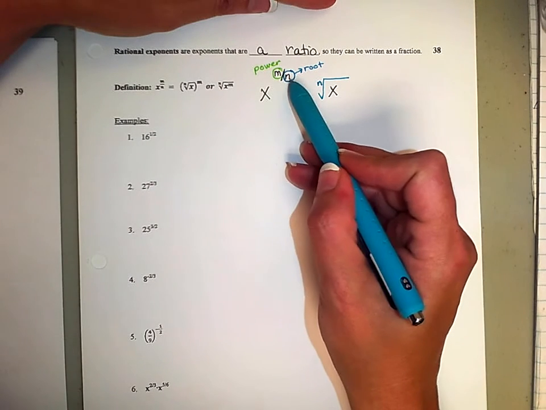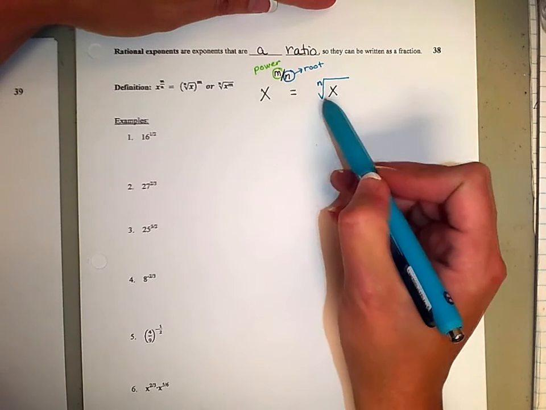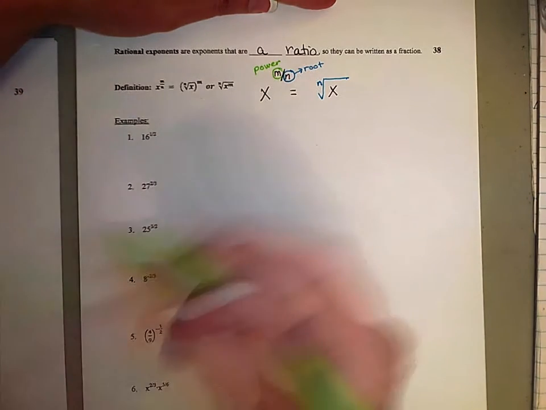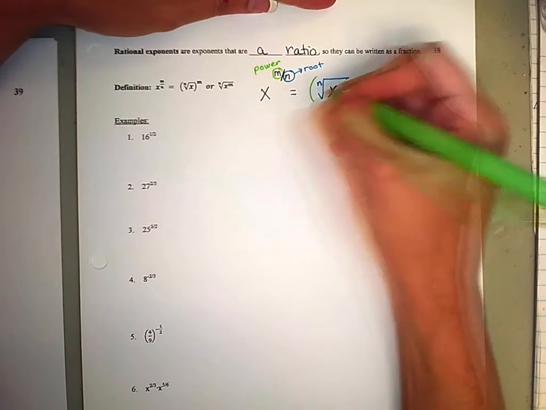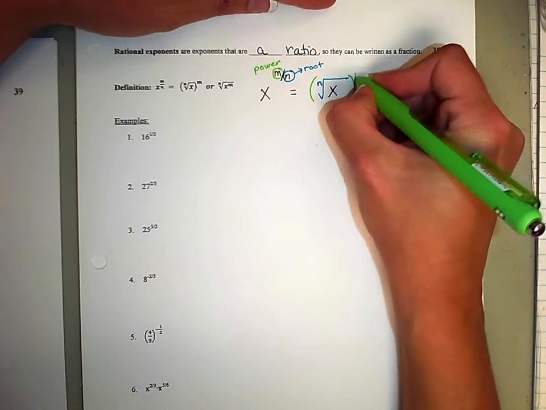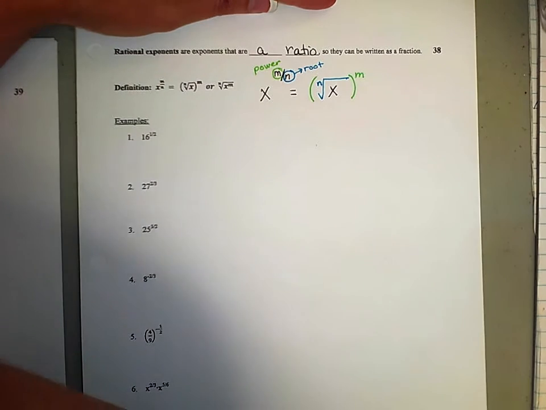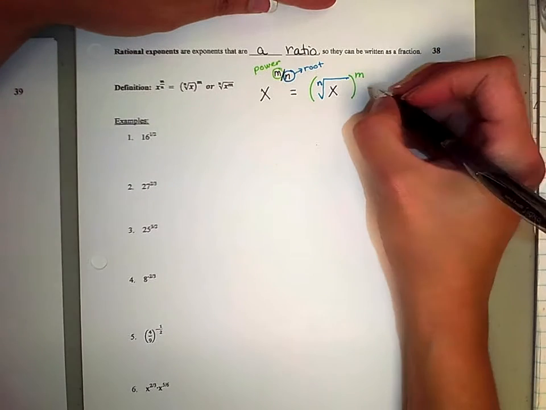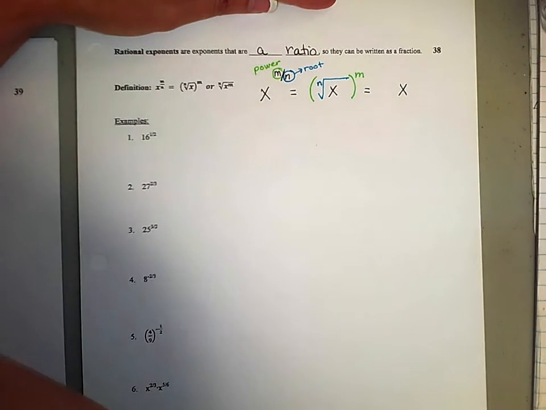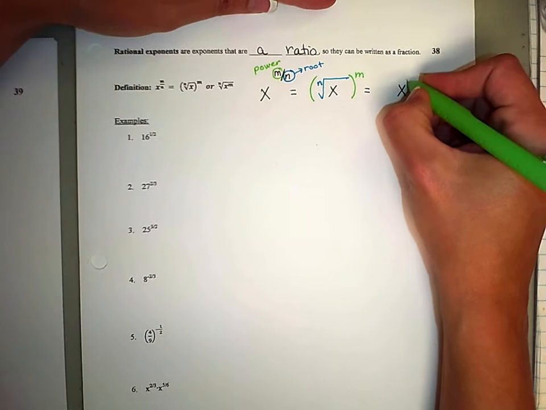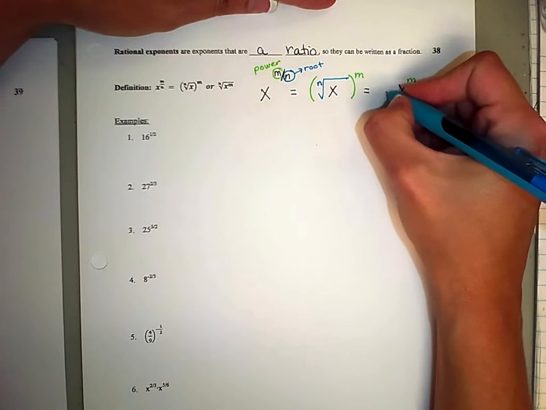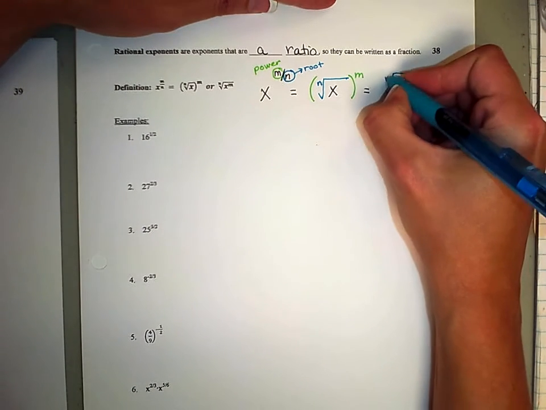For example, if this is a 2, we would be taking a square root. And then we have the freedom to first simplify that root and then raise it to a power, or perhaps sometimes it might be easier to first raise the base to the power and then take the root.